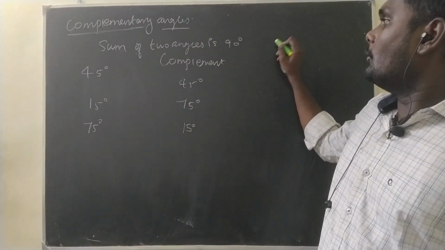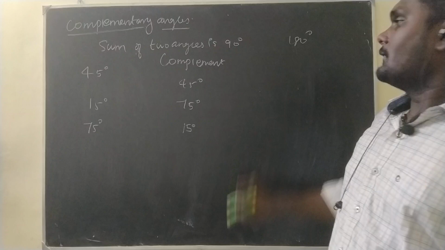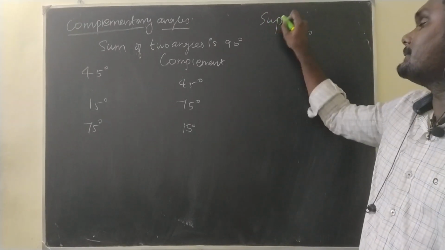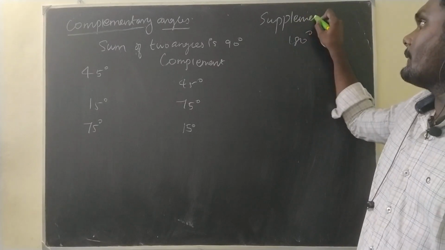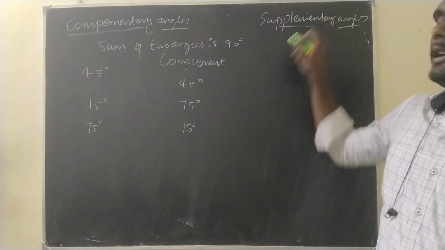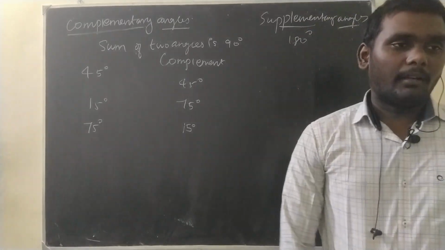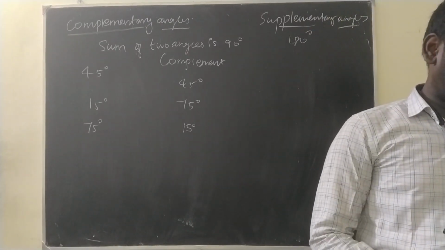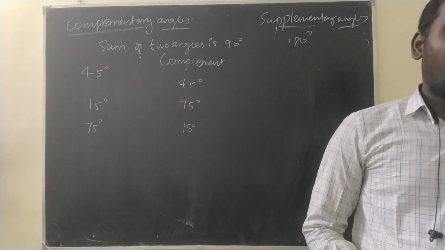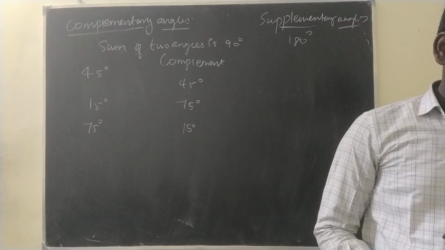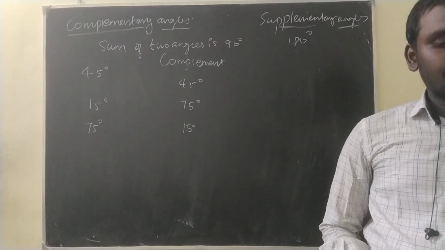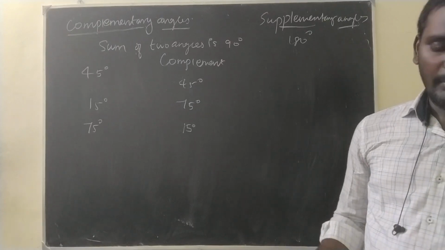Okay. In the same way, if the given two angles add up to 180 degrees, then those two angles are called supplementary angles. Same way, 180, yes, they are supplementary. 135 degrees and 45 degrees, supplementary.